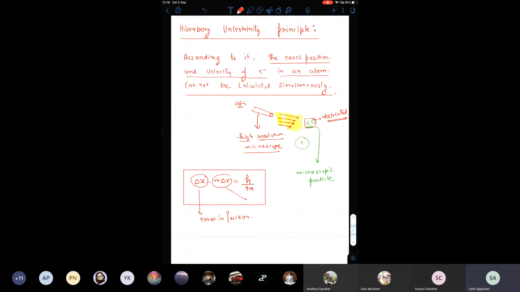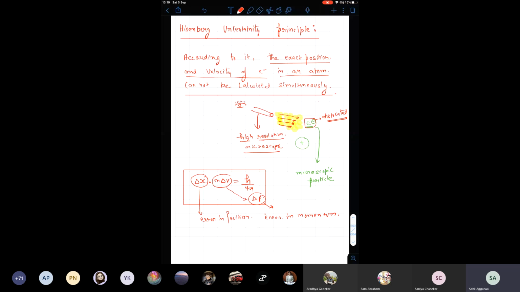This is delta p, error in momentum. So what is that after delta x? Is there a dot? Dot multiplication.